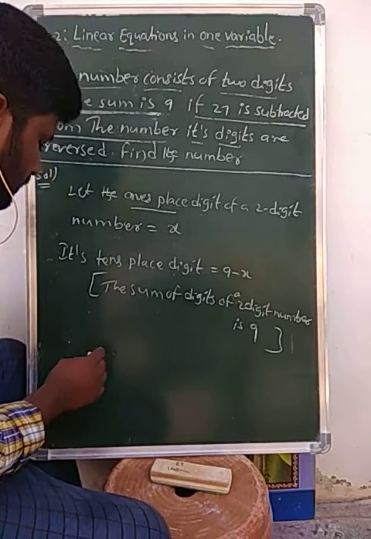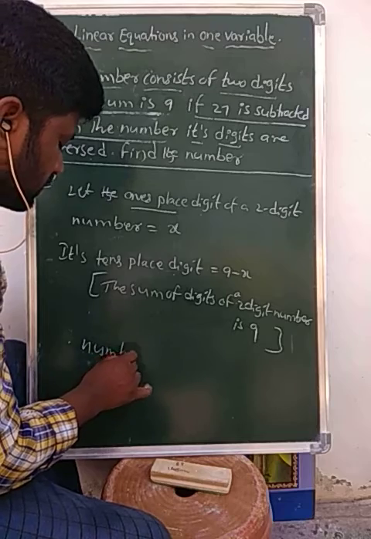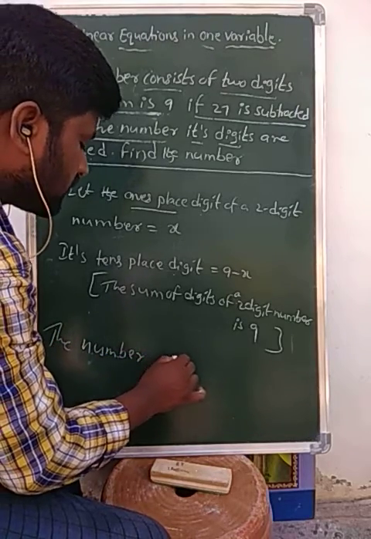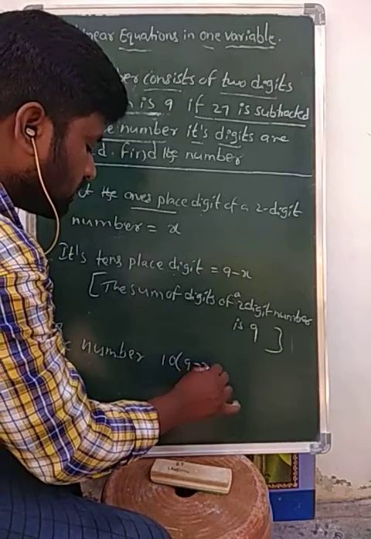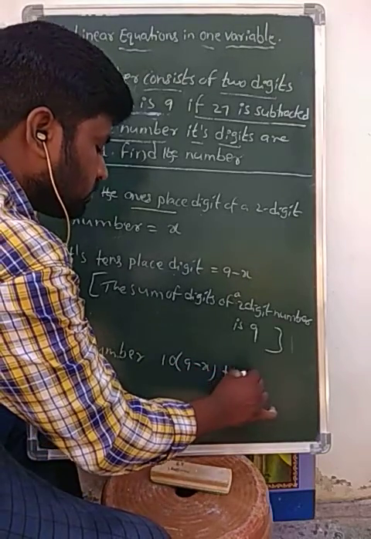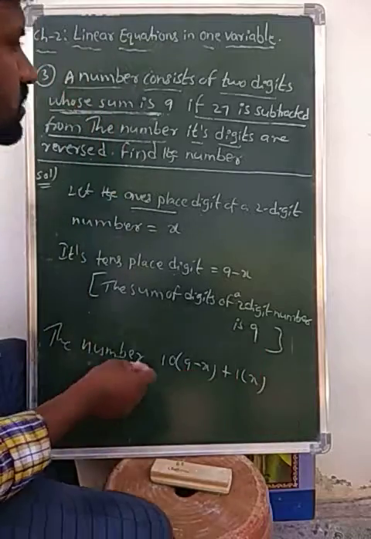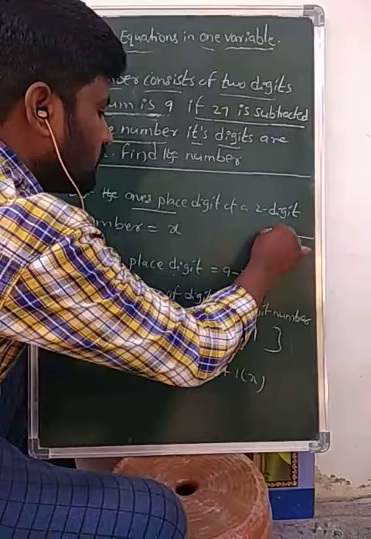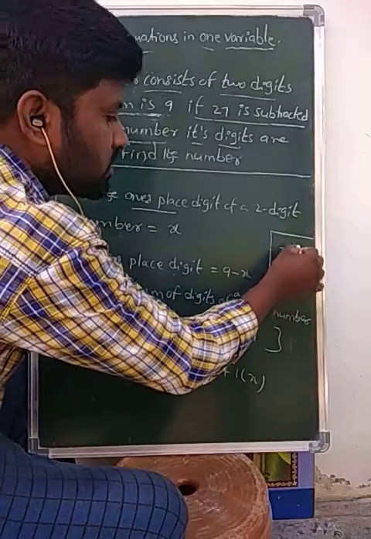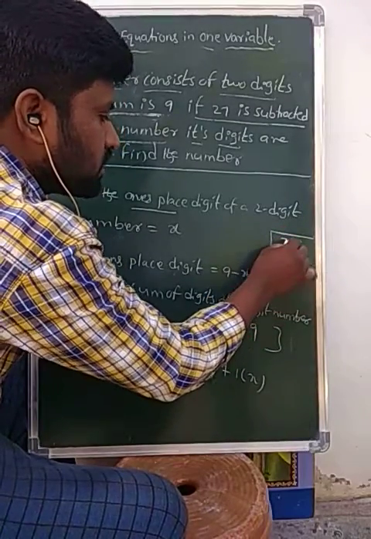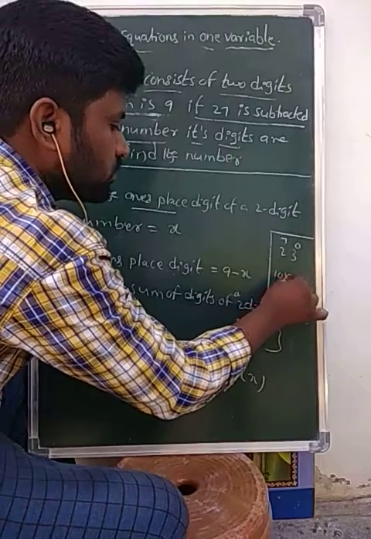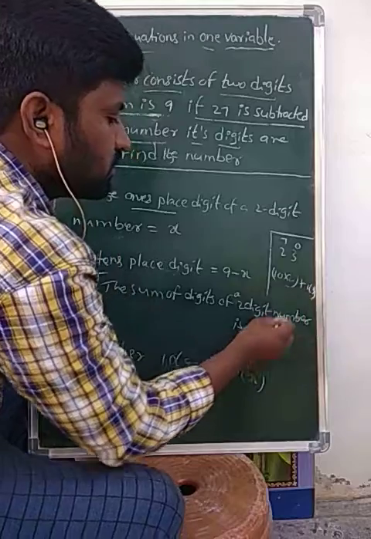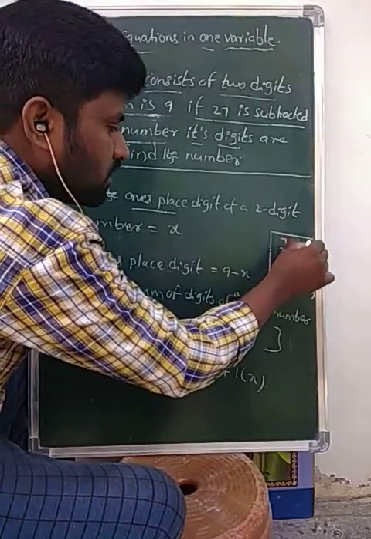Let the number, the 2-digit number, how can we write it? The number is 10 times (9 minus x) plus 1 times x, because we write numbers in expanded form. For example, the number 23 is a 2-digit number. This is ones place and this is tens place. With 10 we multiply 2 and with 1 we multiply 3, because it's the tens place digit and the ones place digit.